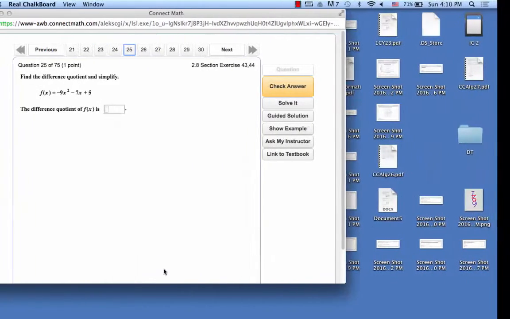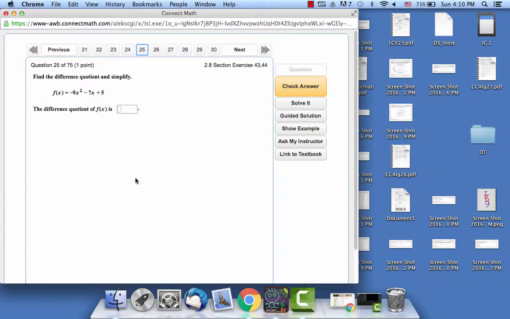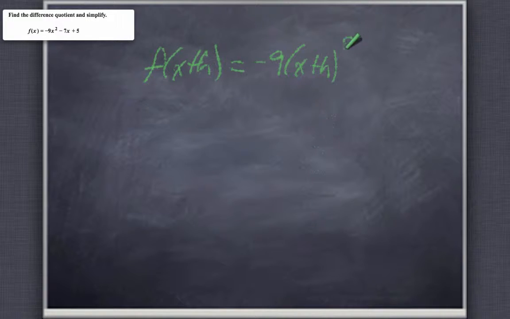So we want the difference quotient for this. So f of x plus h is minus 9, I'm going to put x plus h where the x is, squared, minus 7, put x plus h where the x is again, and then plus 5.